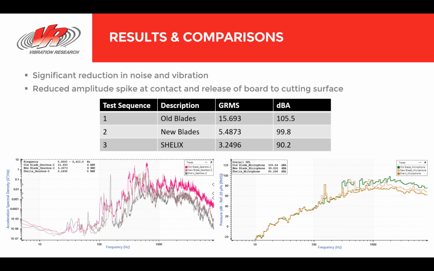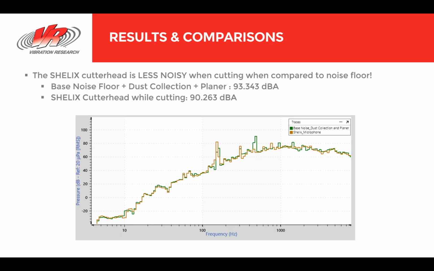And one other key note, I actually measured the noise floor of the system. So this is 2 recordings, one with the base noise floor, with dust collection and planer turned on, but no wood passing through it. That's the green trace.